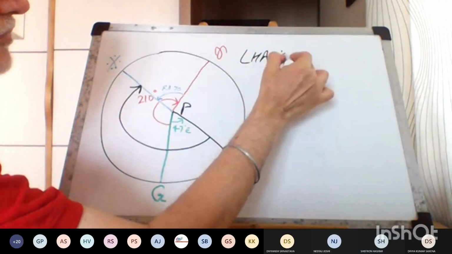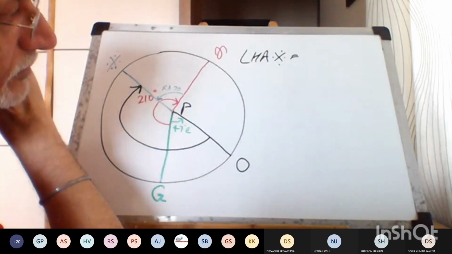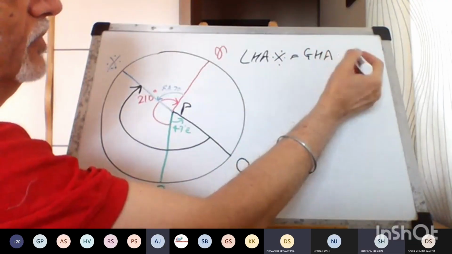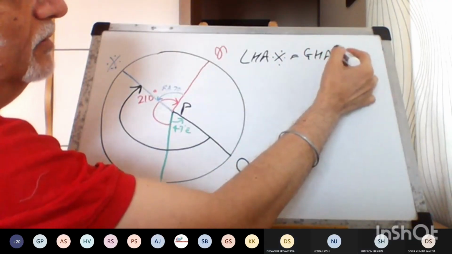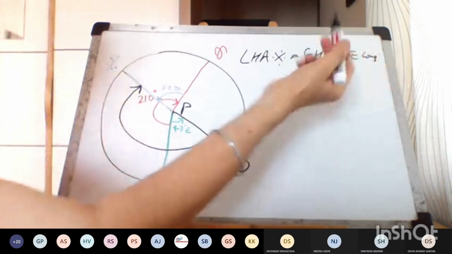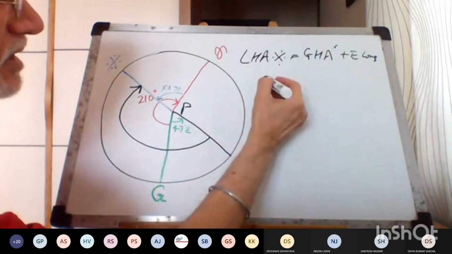LHA star is equal to what was the formula? GHA of star plus longitude east and minus longitude west. We are in east longitude, so plus east longitude. Correct.